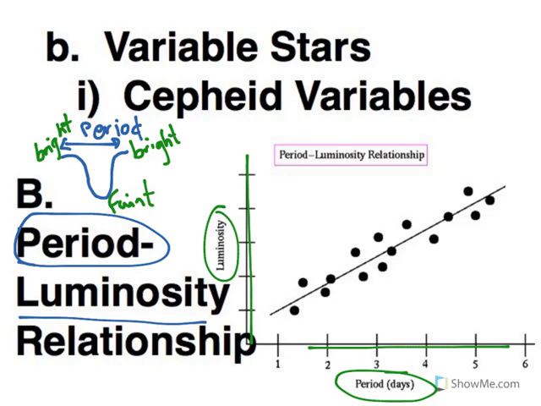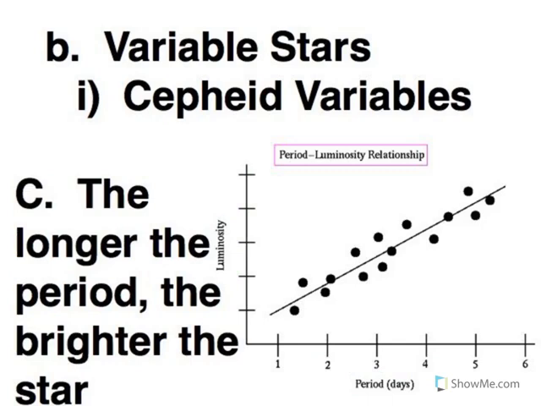Some stars only took one day to go from bright to faint to bright. Some stars took 6 days to do that. The general relationship she found was the longer the period, that is, the longer it took for that star to get back to its original brightness, the brighter the star was. And that's what this graph is showing.